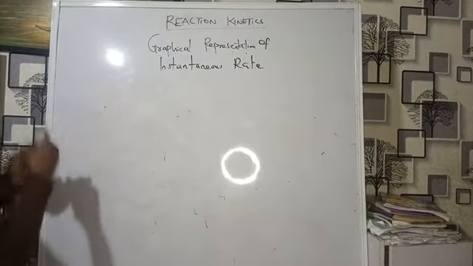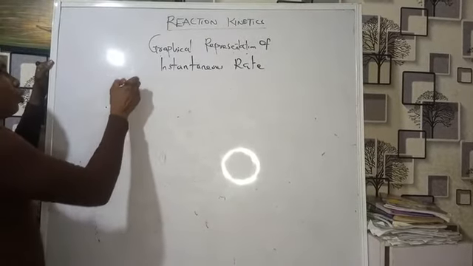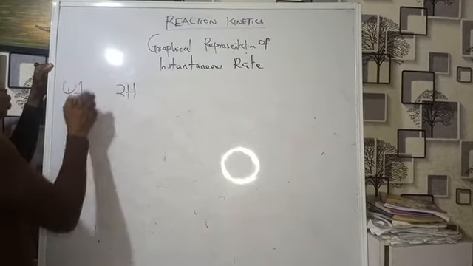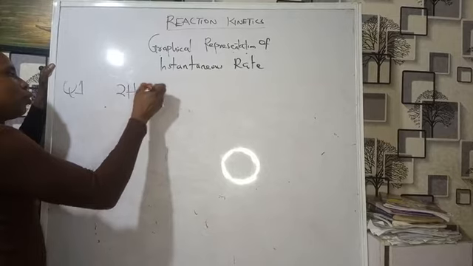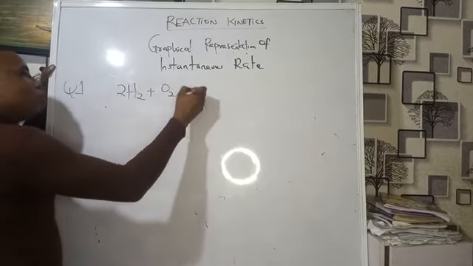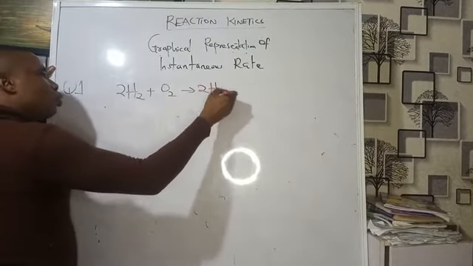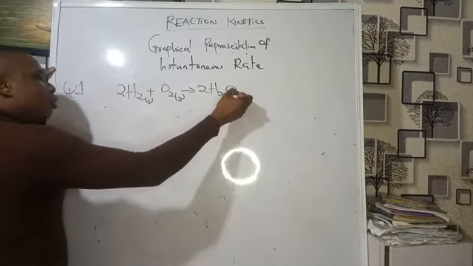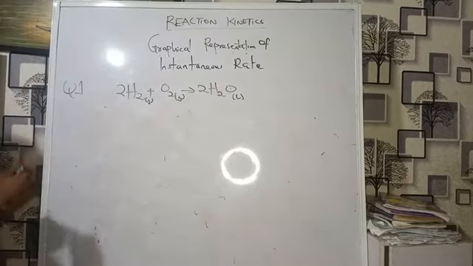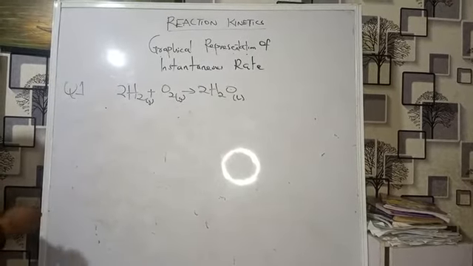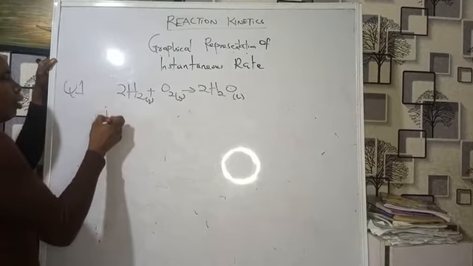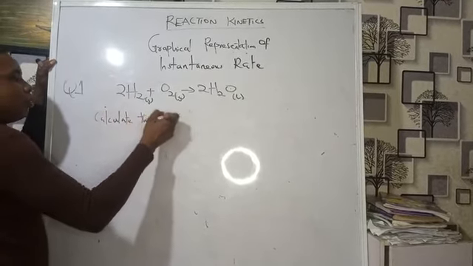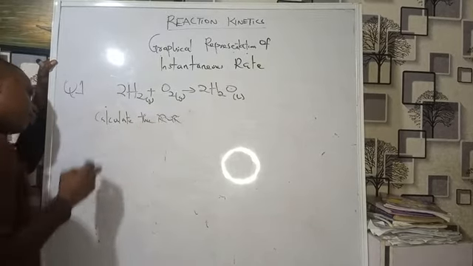Now, let me give you a hypothetical question. Let me give you question 1. 2H2 plus O2 gives you 2H2O. This is gas, and this is liquid. So now calculate the rate of reaction.